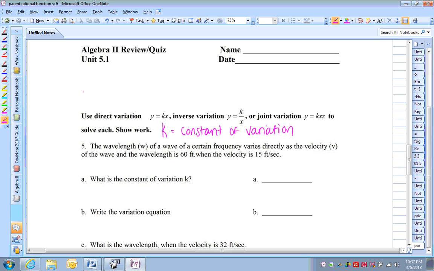And what you need to remember is the way we're going to want you to set up the general equations for each problem. You should always write the first variable given in place of y. So whatever variable they use first is going to be in place of y. It always equals k. And if it's direct variation, it goes on top.